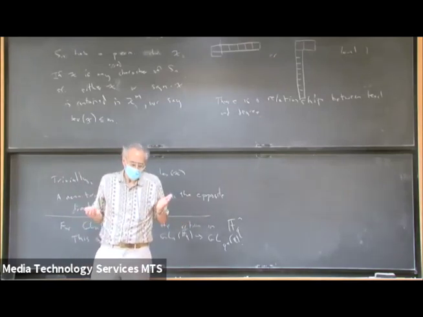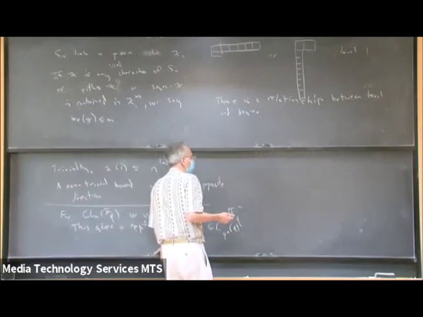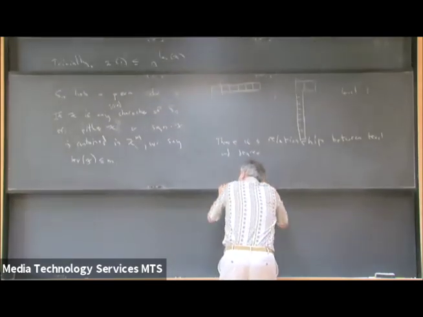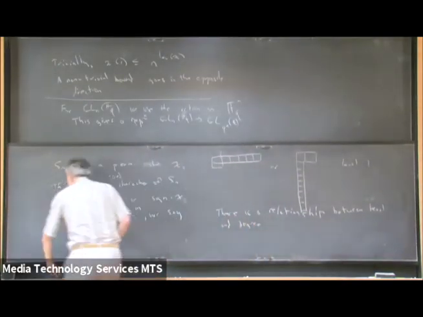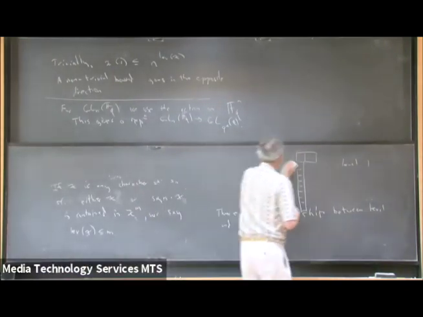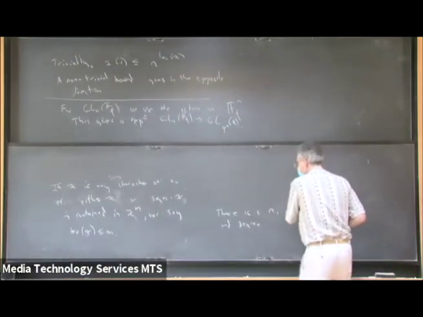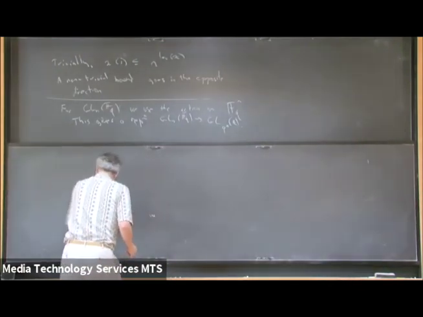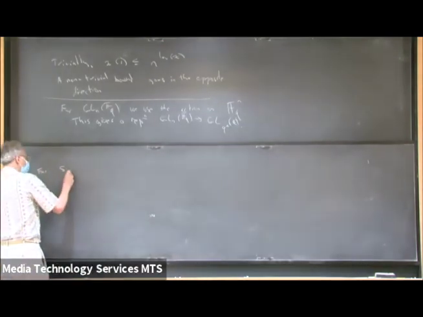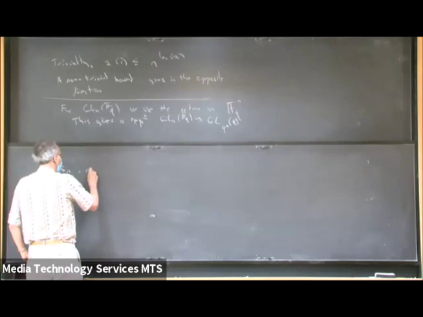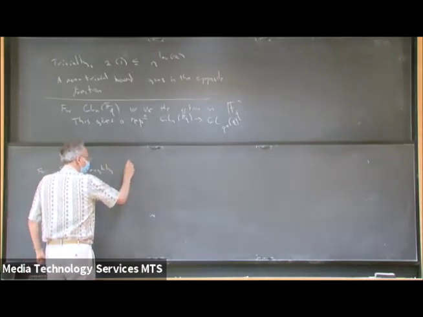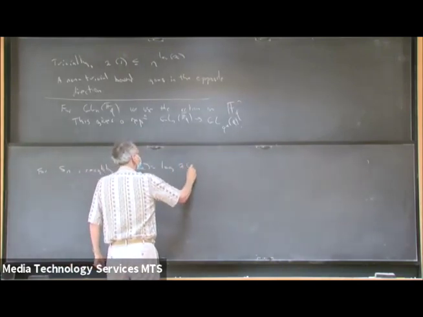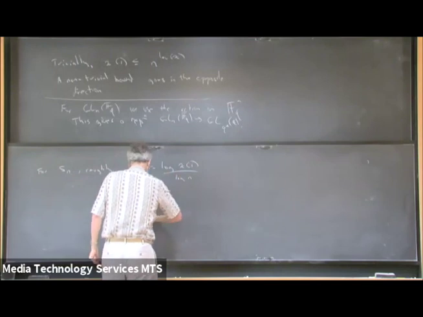So approximately what it says, roughly, let me first say for Sn what the analogous statement is. So for Sn, and again, small characters of Sn, roughly the level of chi is equal to the log of chi of 1 divided by the log of n.